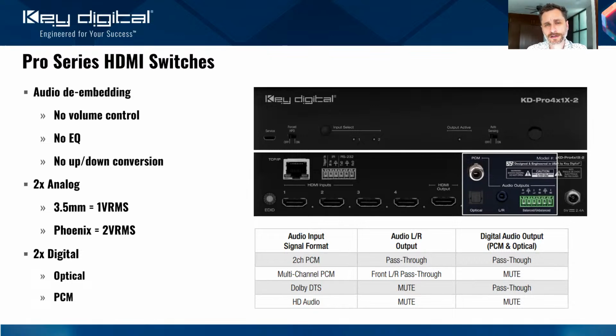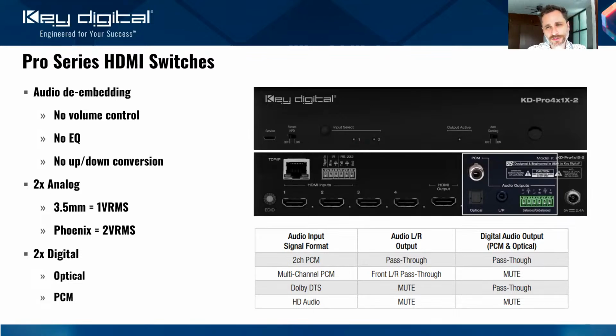Another analog audio connection is this 3.5 millimeter port here. Now you may notice from the specs on the left side, the Phoenix is a hotter signal, 2 VRMS. The 3.5 millimeter is 1 VRMS. So some audio systems say it's coming in too hot, other audio systems say it's coming in too quiet.